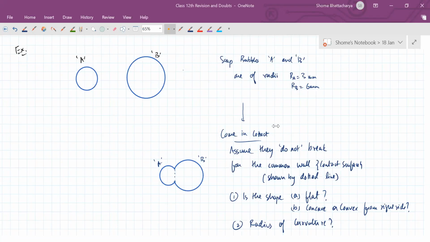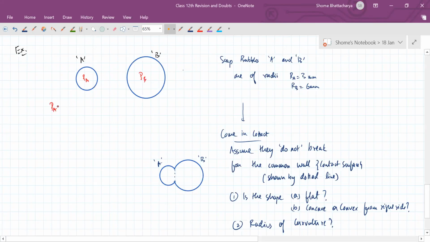Okay, radius of curvature will be different from the answer you people are giving. Okay, Bhomik, your answer about the shape is correct. Radius of curvature, let me give you a bit of a hint. Here the air inside is at a pressure PA, and here the air inside is at a pressure PB.